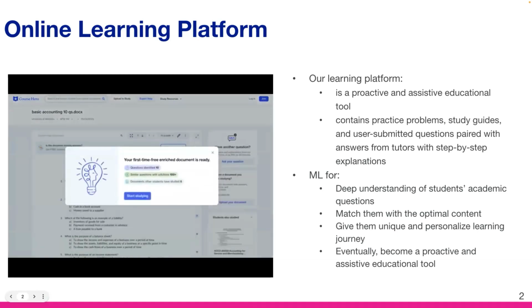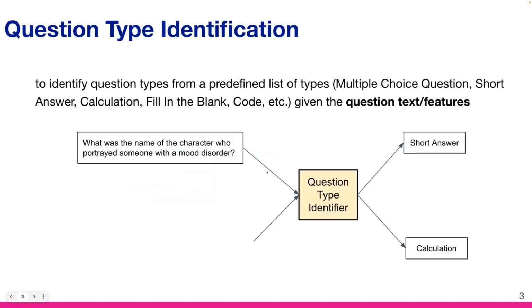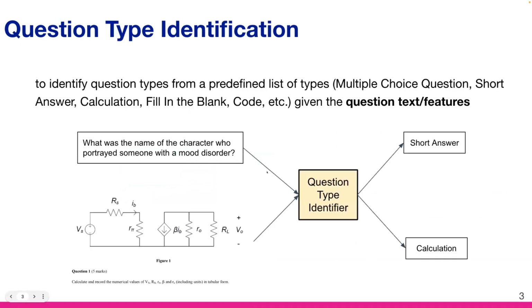And also, we want to give students a unique and personalized learning journey to eventually become a proactive and assistive educational tool. So we aim to have a question type identification for our platform to identify question types from a predefined list of types like multiple choice question, short for MCQ, short answers, calculation, fill in the blank, and etc. So like you can see in this slide, I have a short answer question: what was the name of the characters, who, blah, blah.